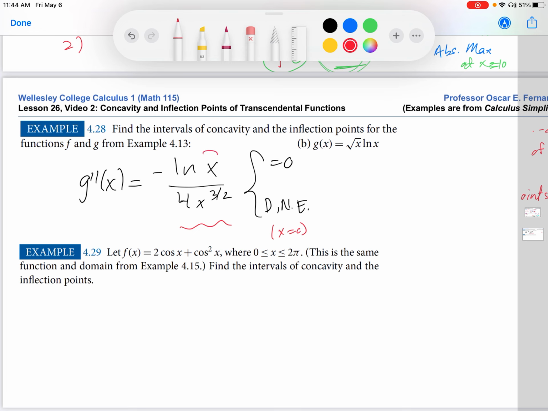Also, anything where x is less than or equal to 0, ln of any of those x values is undefined. So it seems like a pretty big range of x values where it's undefined. But we go back again to the domain question. From the onset, we're dealing with the square root of x. So x cannot be negative. We can't take the square root of a negative number in this course.